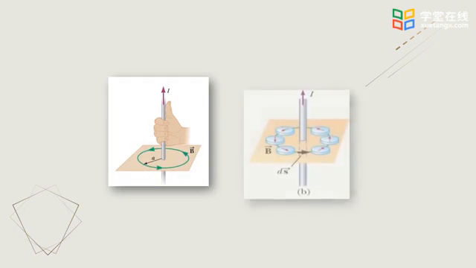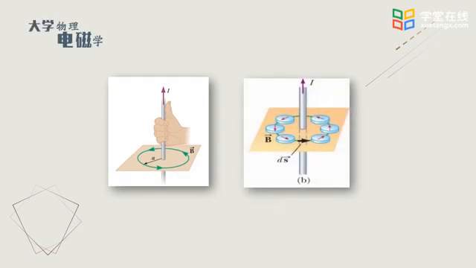This is the direction of the magnetic field created by the current, which is consistent with the result by using the right-hand rule in the above figure. When the current in the wire is reversed, the deflection of the needle is also reversed. The observations demonstrate the pattern of the field lines due to a straight wire.